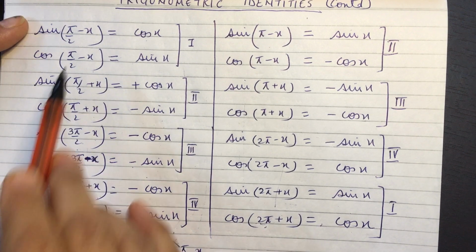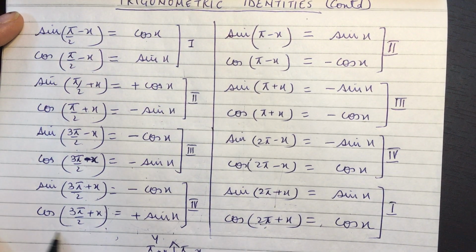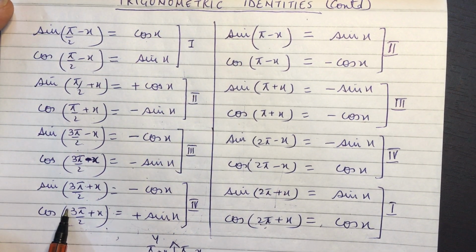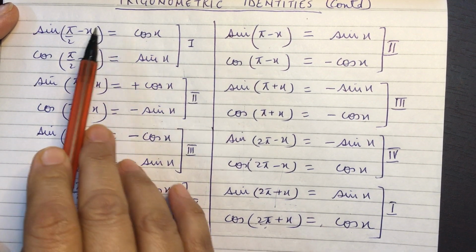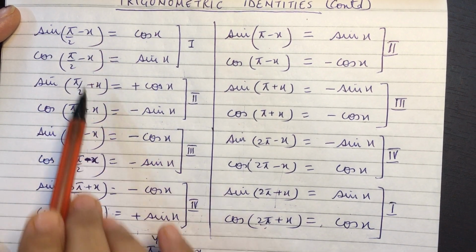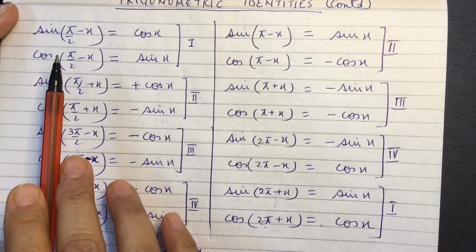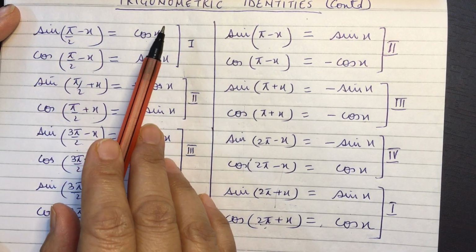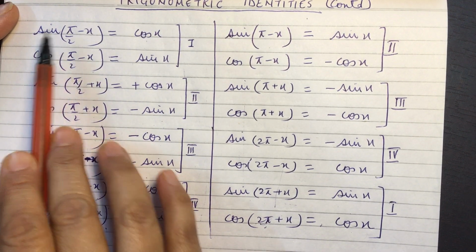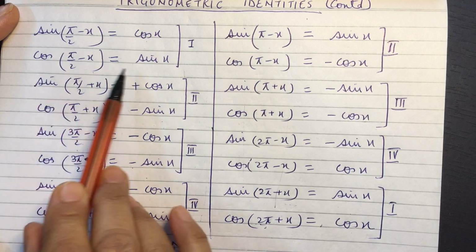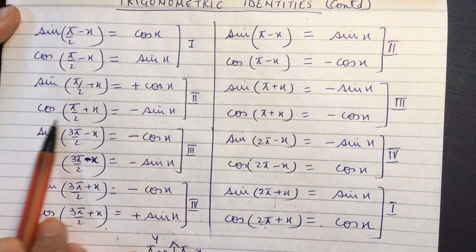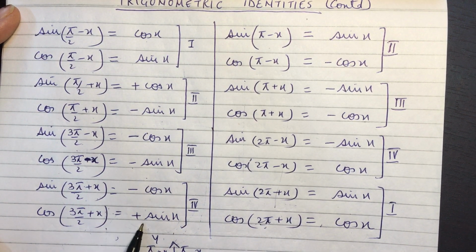If you observe carefully, all the values of sine and cos of angles which lie about the y-axis get converted to the opposite one, that is sine gets converted to cos, cos gets converted to sine, and that you can observe in each of these angles.